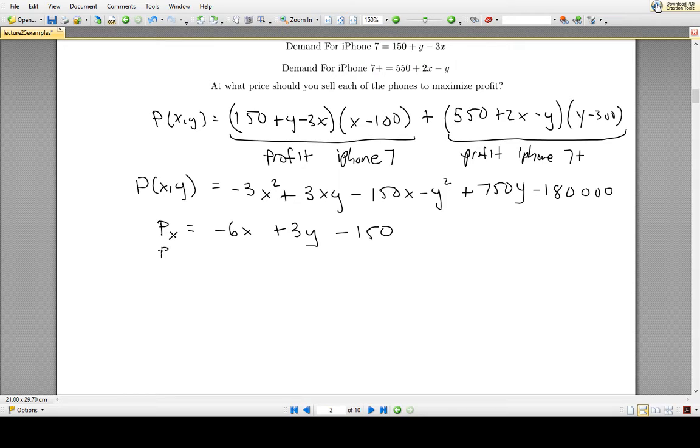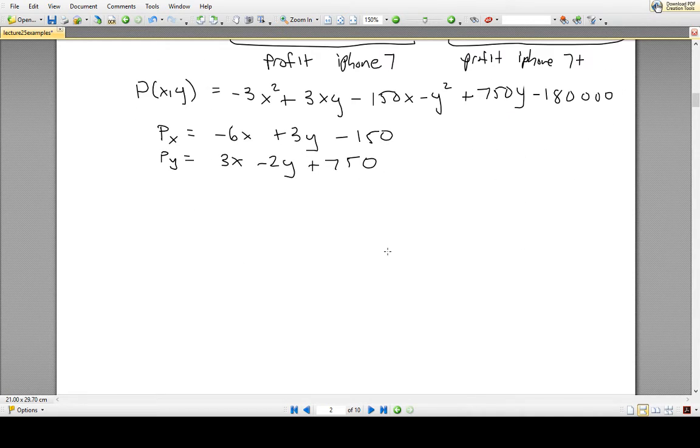The derivative of p with respect to y is 3x coming from here minus 2y plus 750. Okay, and to find the critical points, we're going to set those derivatives equal to 0.